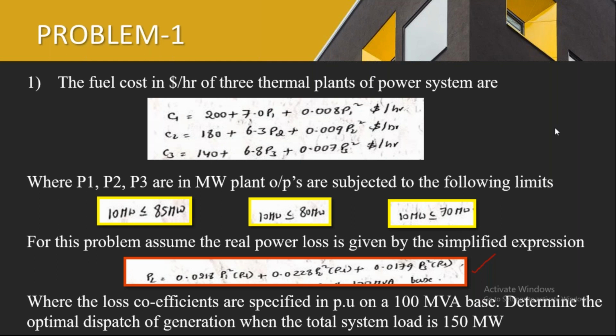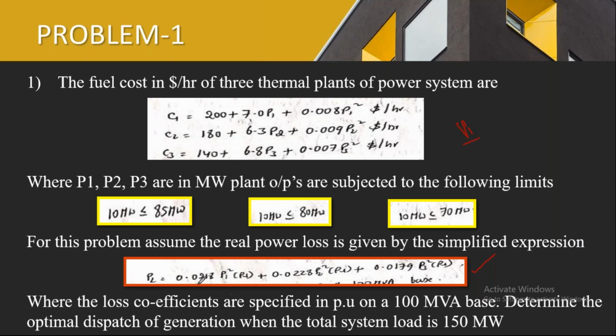Here the MVA base value is already given. See how we can convert: just consider this equation. Just substitute, instead of P1, P1 by 100.